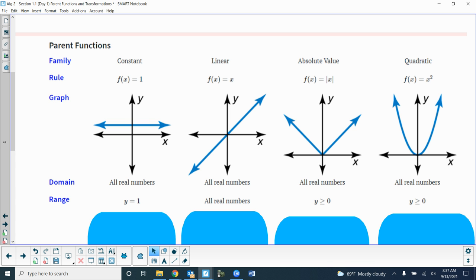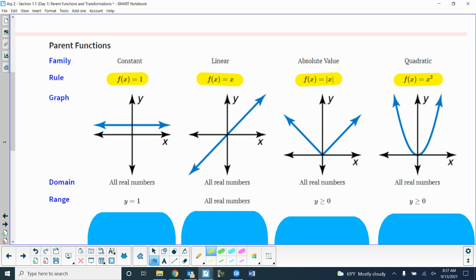Okay, so if you weren't here, let's get focused, okay? So our constant is when we have a horizontal line through some number, okay? And these are our basic equations or functions for our parent function.